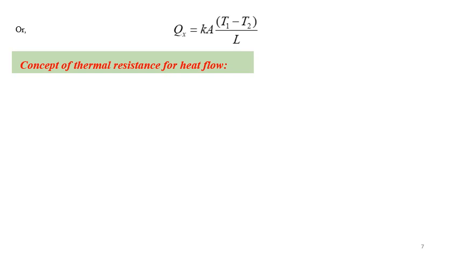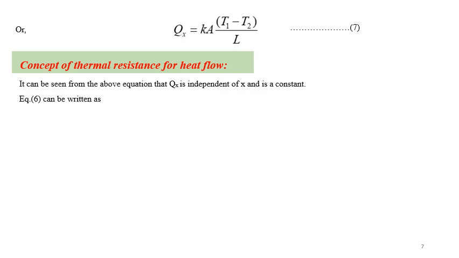Now we will see the concept of thermal resistance for heat flow. It can be seen from the above equation 7 that Q of x is independent of x and is a constant.